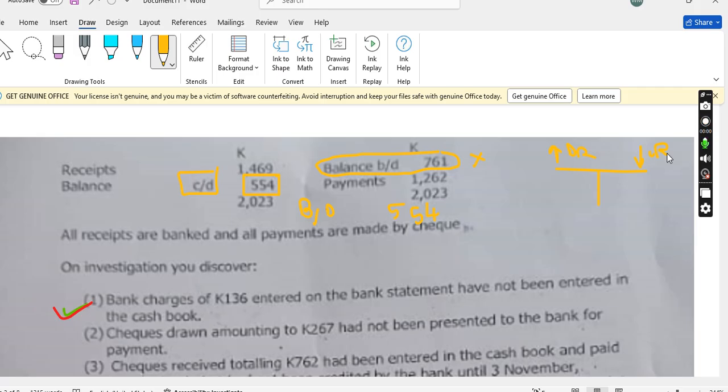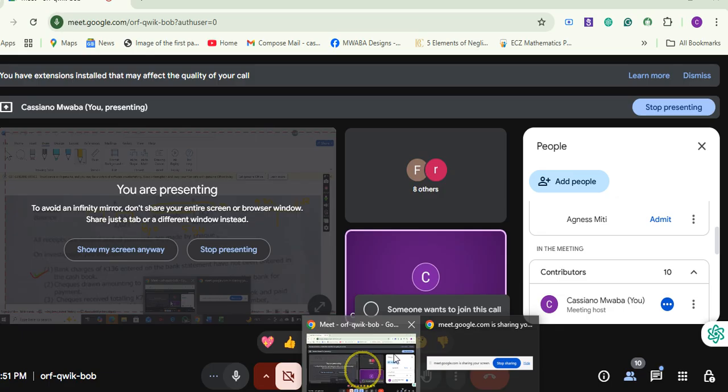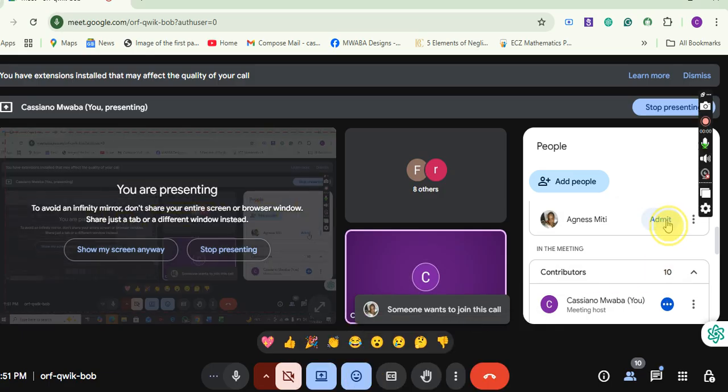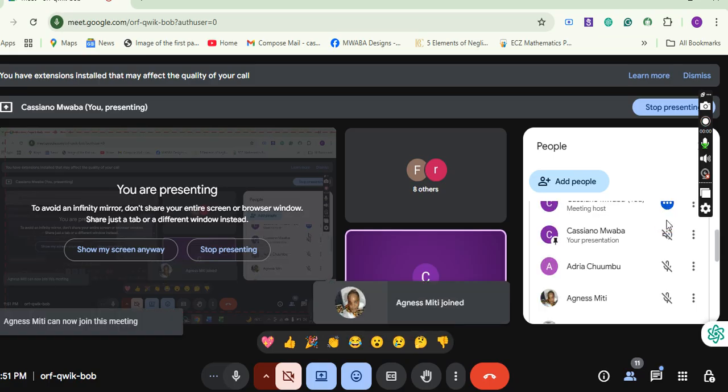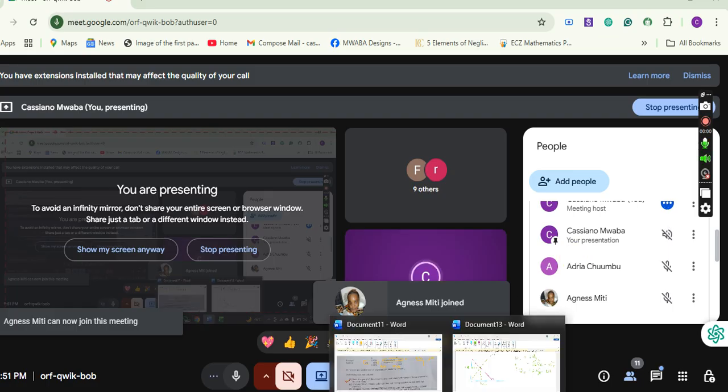Money coming in, or receipts, you debit. Remember, the cash book is an asset account, so it increases with debit and reduces with credit.